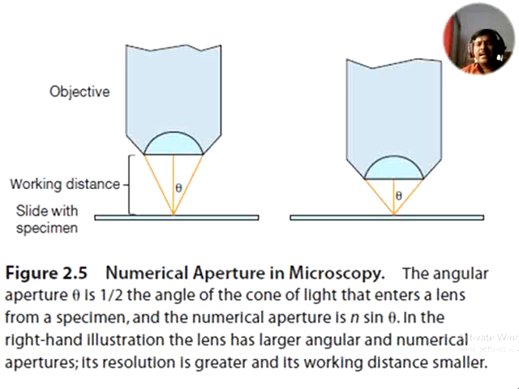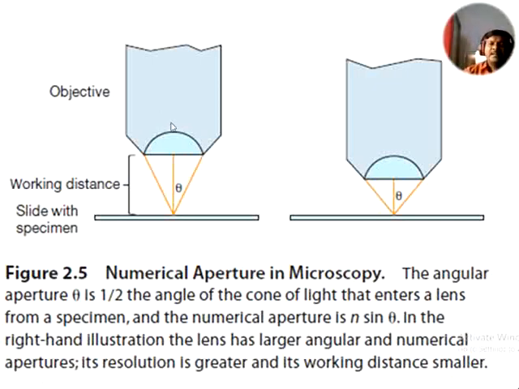In the right hand illustration, the lens has a larger angular and numerical aperture. Its resolution is greater and its working distance is smaller.